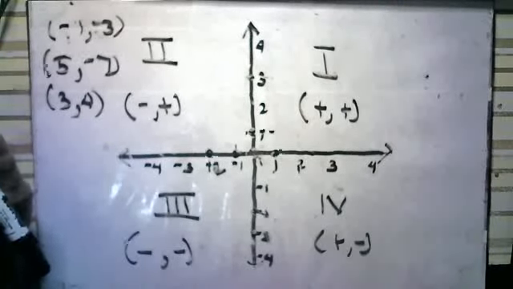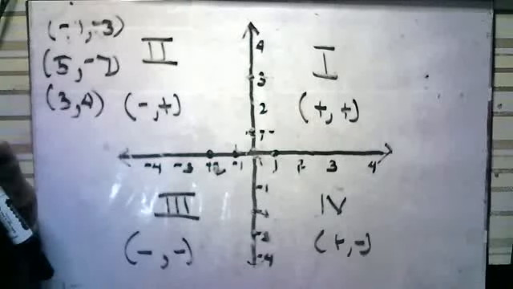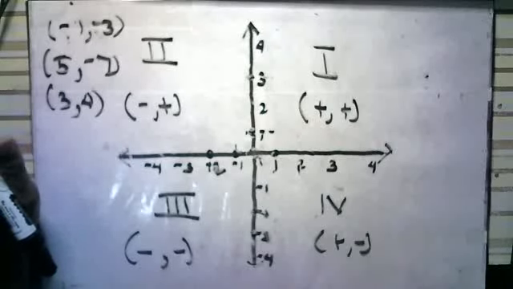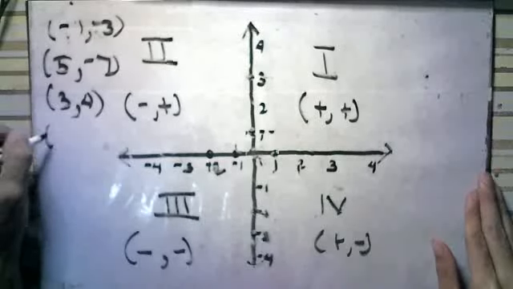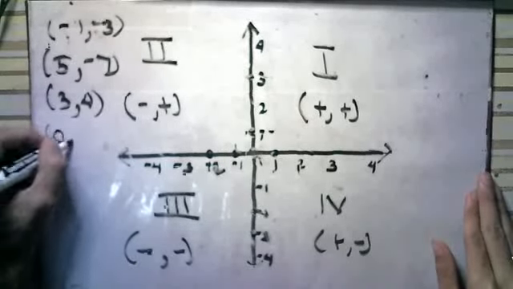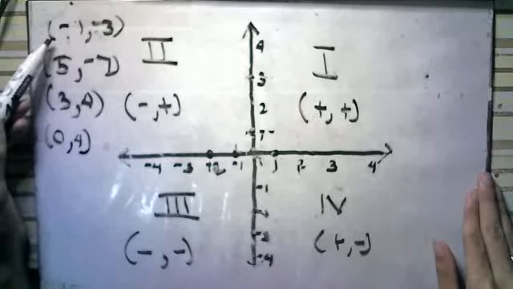For the learning task number 2, you need to identify the quadrant and the axis of the following points. By the way, I will put another given. Let's start with negative 1, negative 3.